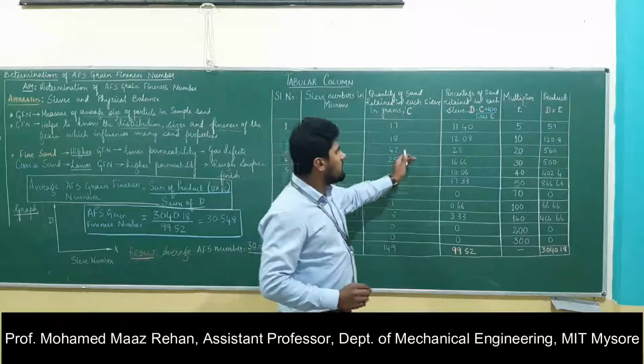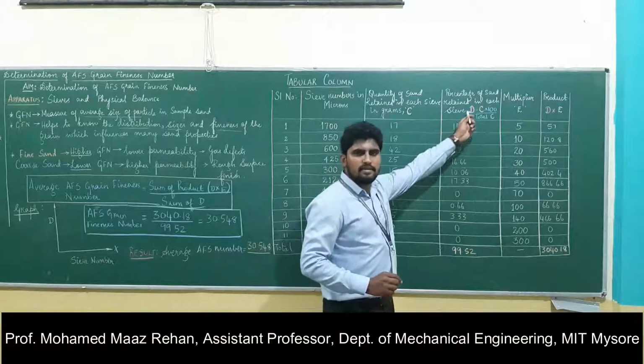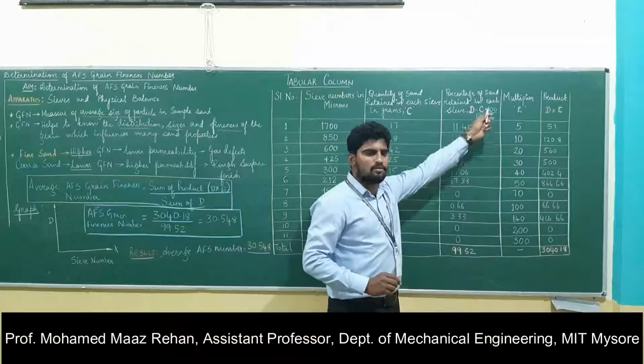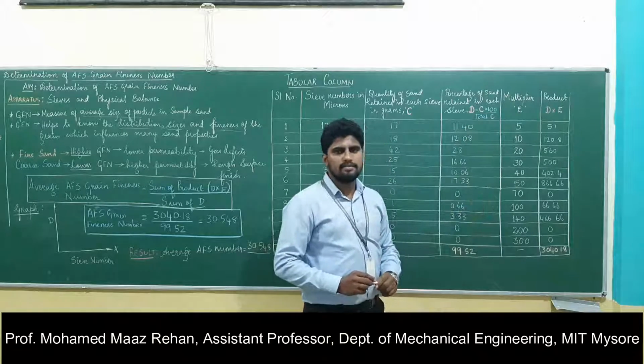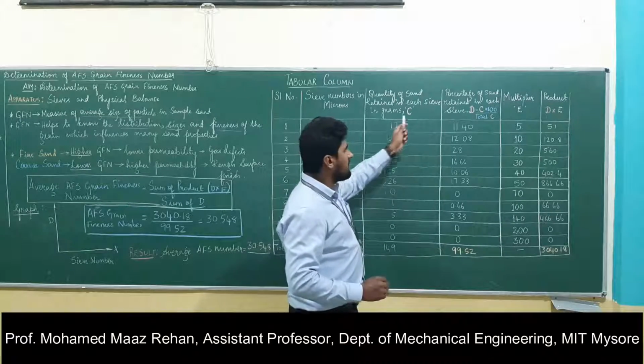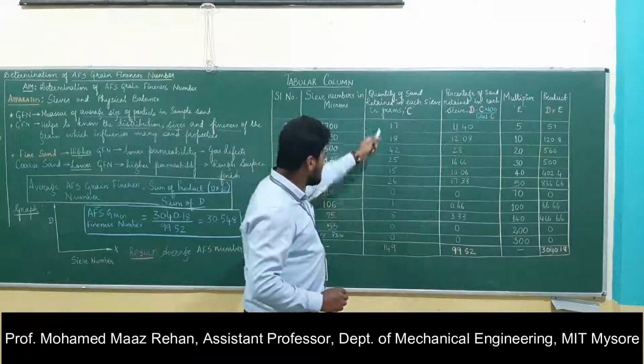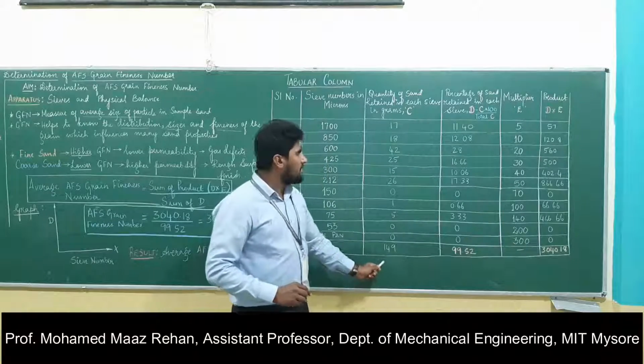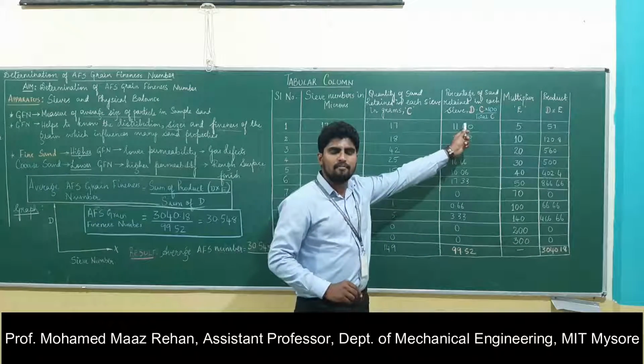So how did we calculate the percentage? It is D equals C into 100 divided by the total. So that is 17 into 100 divided by the sum of C, that is 149. We got 11.40.